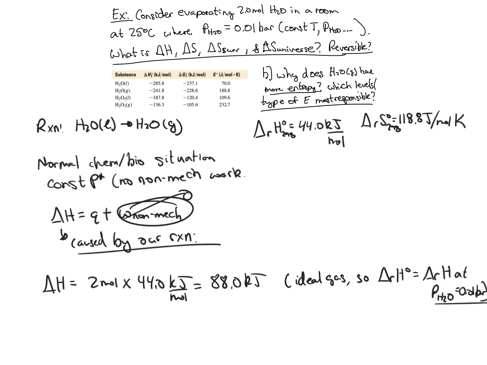In general, the enthalpy of normal substances doesn't change very much with the applied pressure. Maybe we could do some counterexamples there, but for ideal systems, like an ideal gas here, this is going to be a good assumption. So that's the assumption that we're making here, is that delta RH is independent of the partial pressure of water.